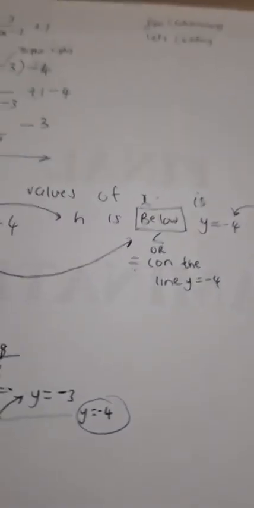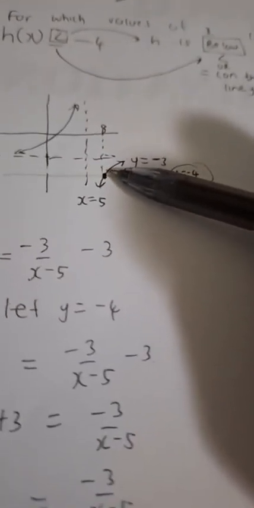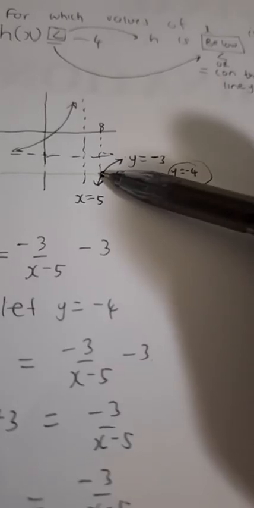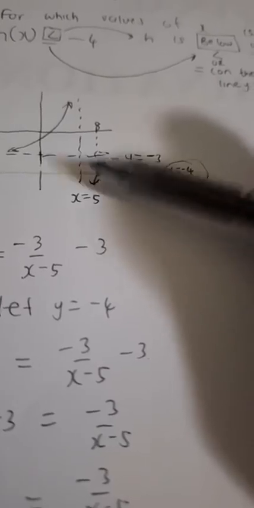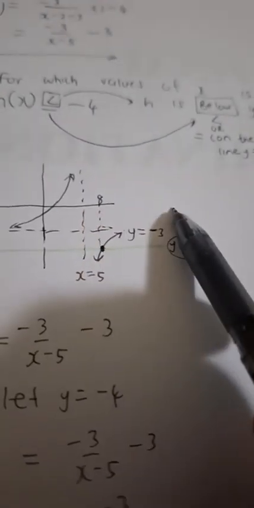Then let's check, where is the function less than -4? In other words, where is the function of h below y is equal to -4? So you need to think about what's happening to the function from 8 onwards.